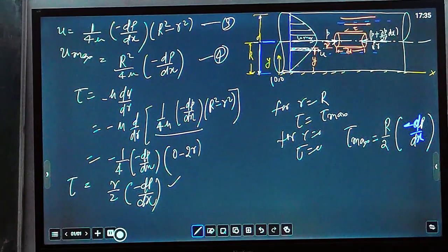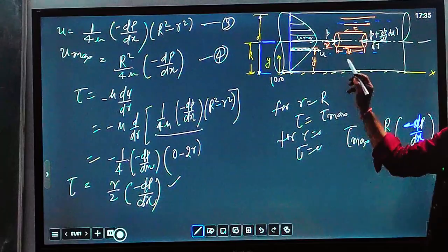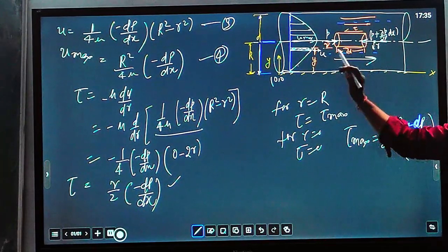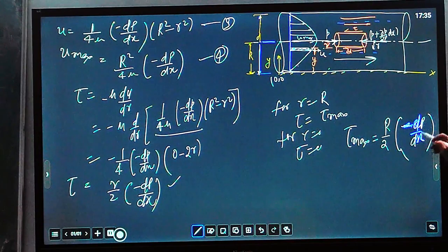Minus dp by dx is always positive, because the pressure gradient along this direction is always negative. When we go from higher pressure to lower pressure, P2 minus P1 is always negative. So dp by dx is negative, and with the minus sign already there, negative becomes positive. So this value is positive.